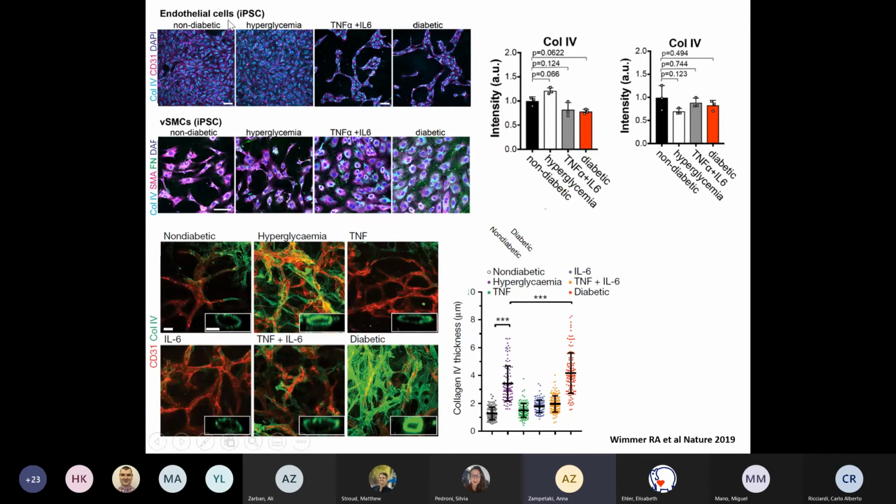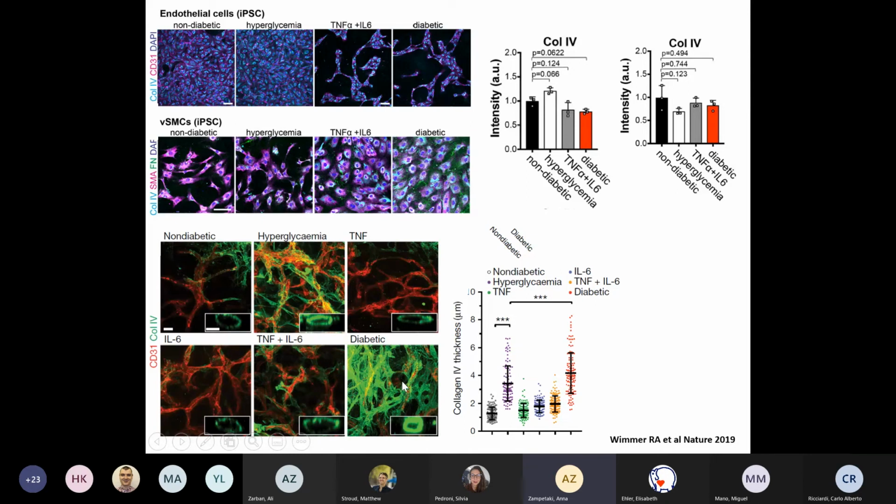So here, iPS cells were used to generate endothelial cells or vascular smooth muscle cells, but on its own, each line cannot actually generate the deposition of collagen 4 in diabetic media or hyperglycemia that are seen in the blood vessel organoids.